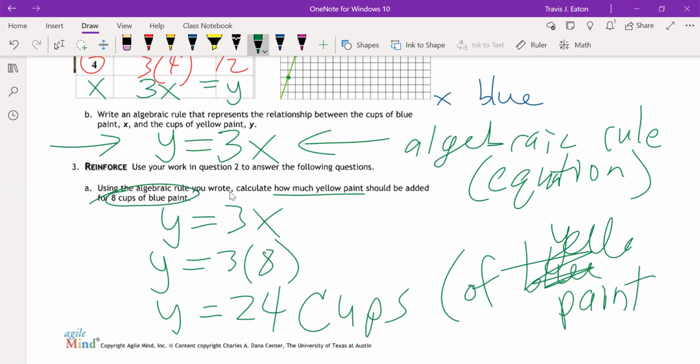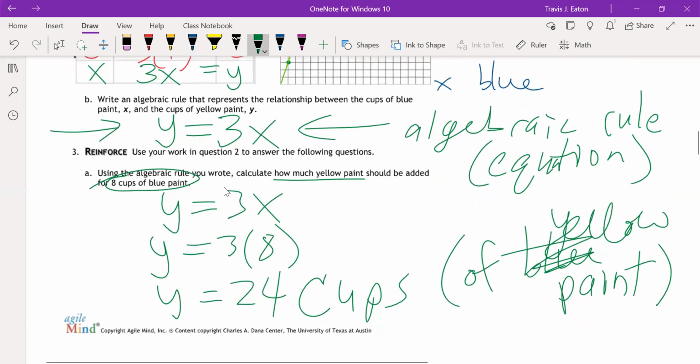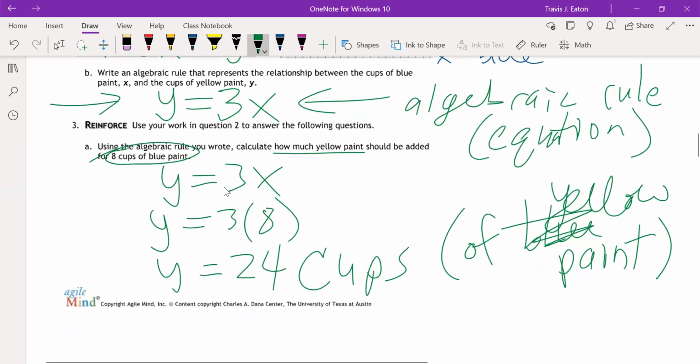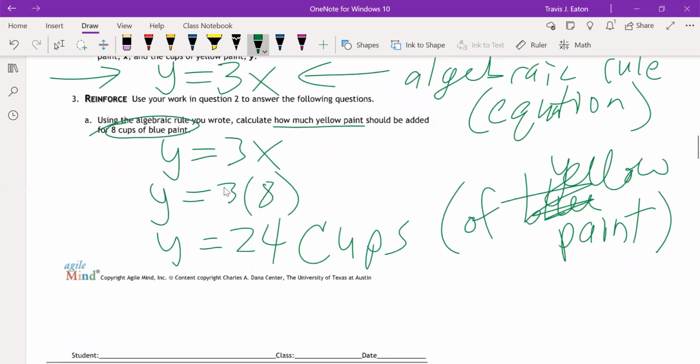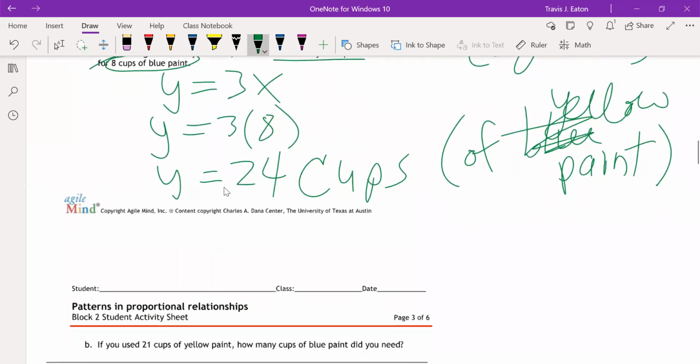Sorry about that. You're probably like, what are you talking about, Miss Reed? Yellow paint. We would need 24 cups of yellow paint if we used 8 cups of blue. Okay. I don't see any question marks in the chat yet, so I'm guessing we're good to go. Remember, these algebraic rules need to be written very specifically.